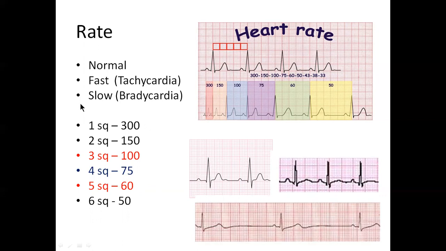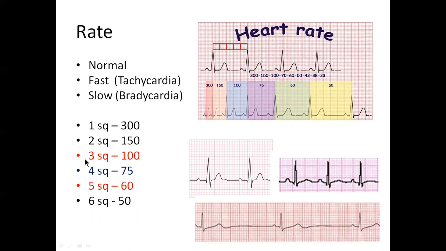Now, three things can happen to the heart rate. One, it can be normal, or it could be fast. Fast is called tachycardia, or it can be slow, which is called bradycardia. The definition of a tachycardia is if the heart rate is over 100 beats per minute, and that's 3 squares, right?